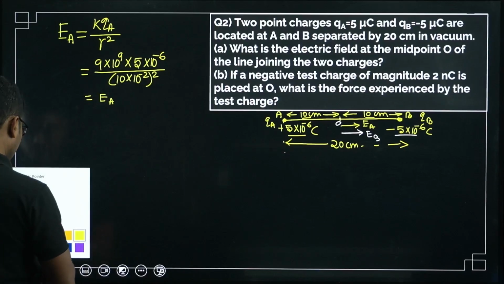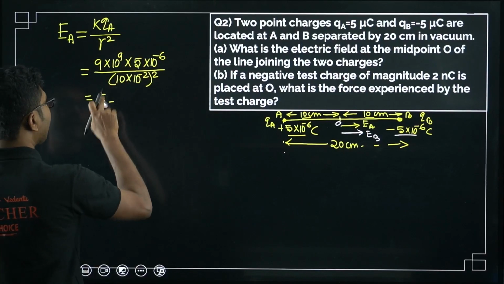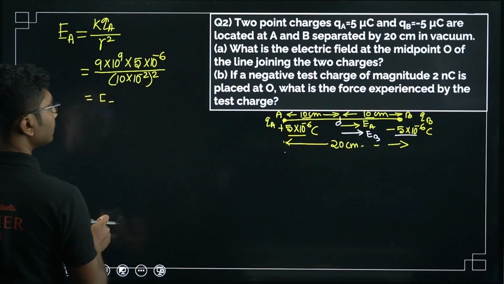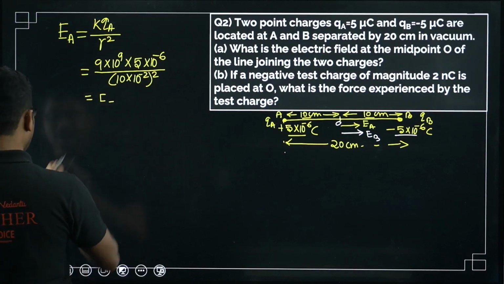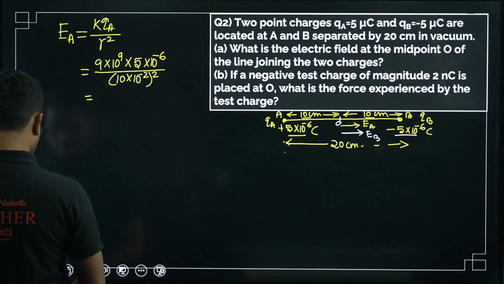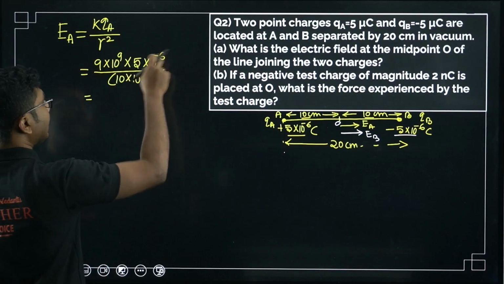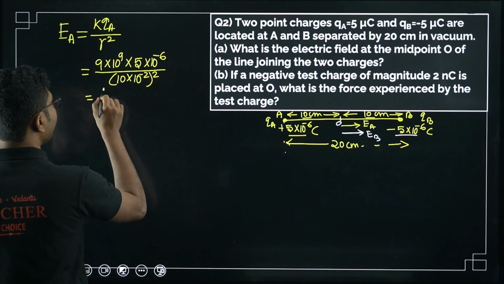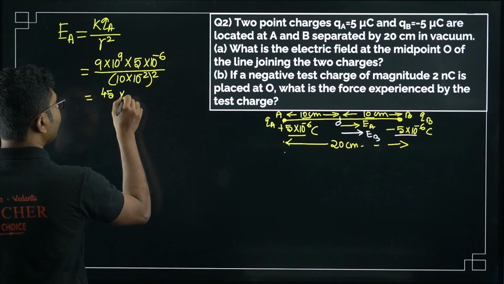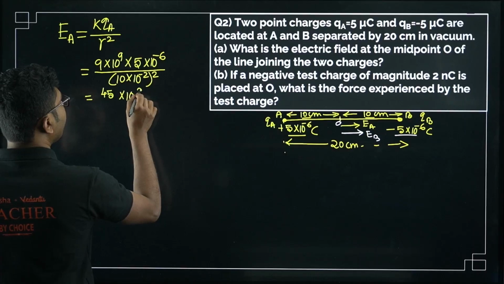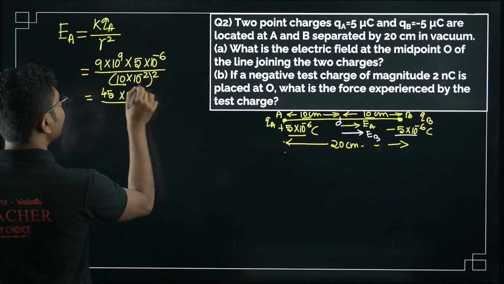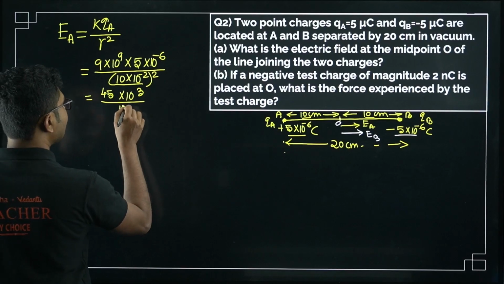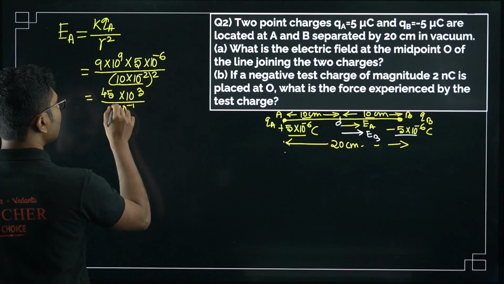EA will be 5 9s are 45, and then 10 to the power of 9 into 10 to the power of minus 6, that is 45 into 10 to the power of 3, divided by 10 into 10 to the power of minus 2 whole square.